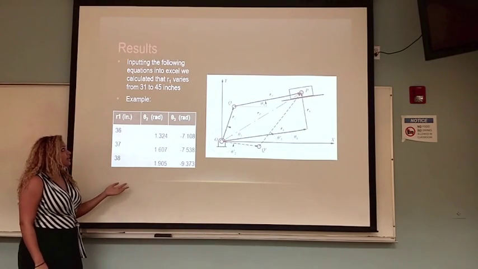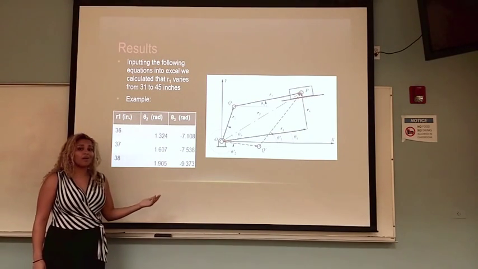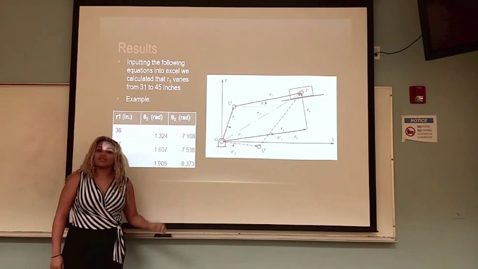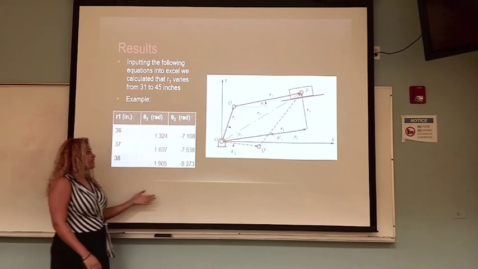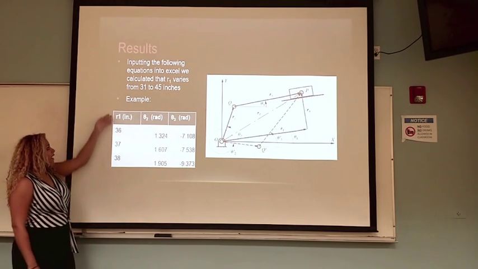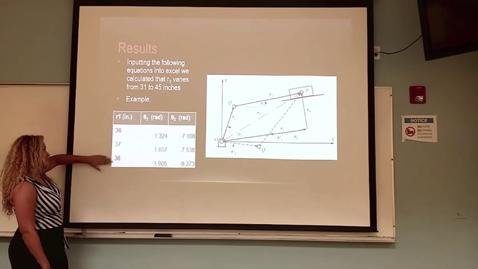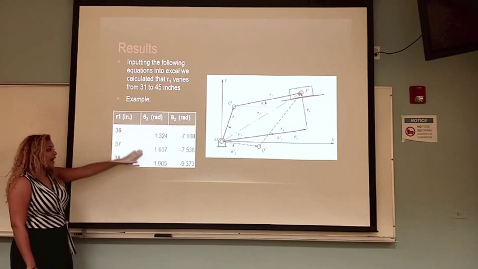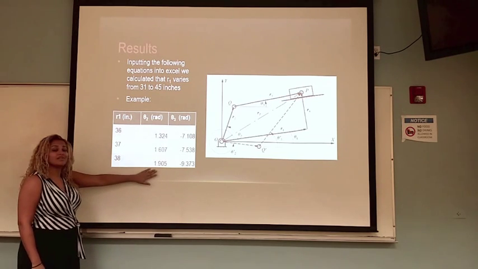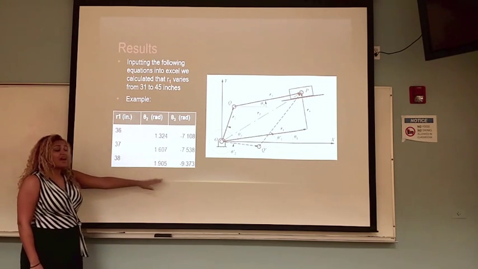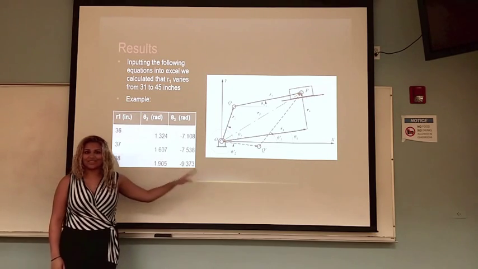Now, resulting in our input R1 to be 31 to 45 inches. And here we have an example when R1 is 36, 37, and 36 inches. We have our R2 values, our theta 2 values, and our theta 3 values.